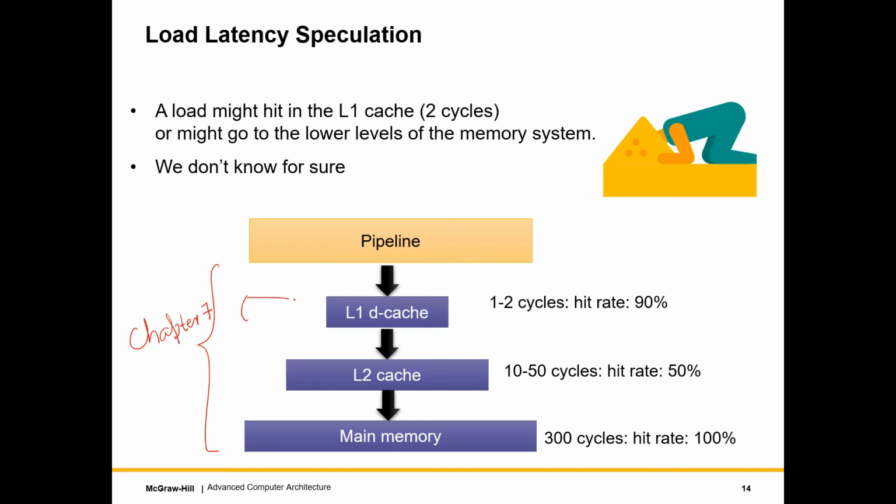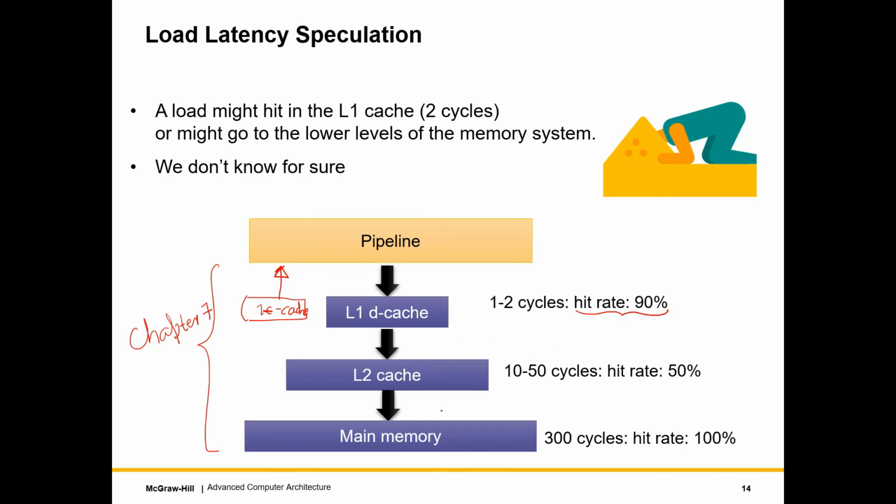So there is an instruction cache which I am not showing. The instruction cache provides instructions to the pipeline. The data cache is fast. We have assumed 1 to 2 cycles to access. It has a very high hit rate of 90%.